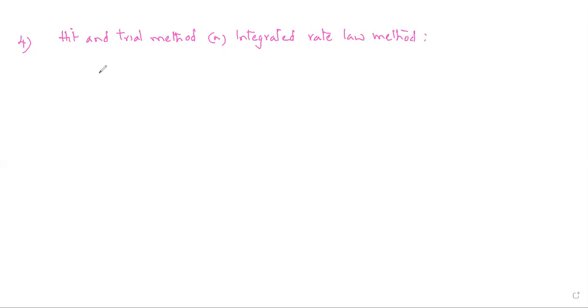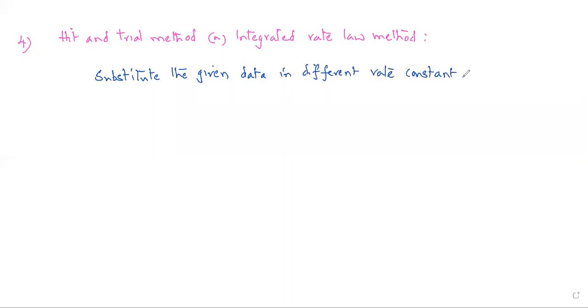In this, we'll be substituting the given data in the different rate constant expressions, right from the beginning, starting from the zeroth order.